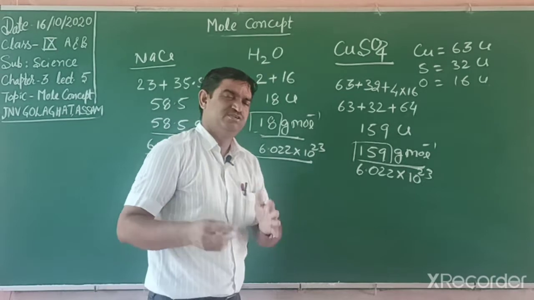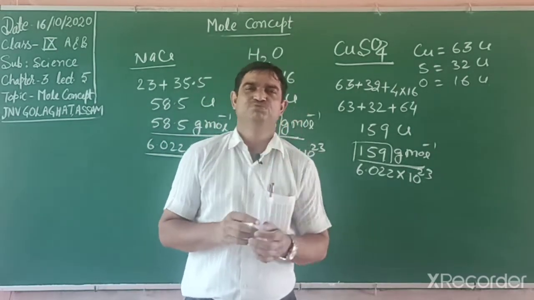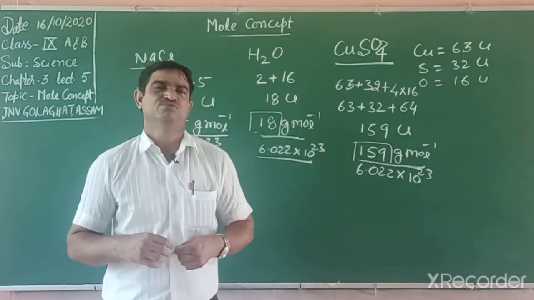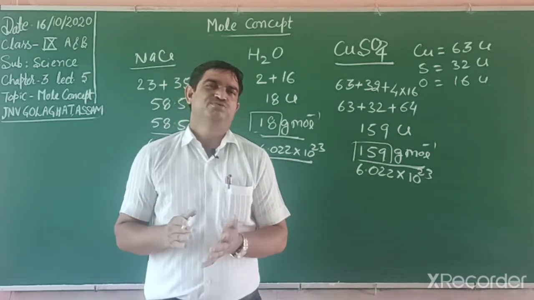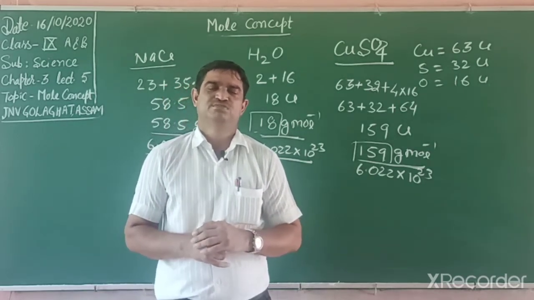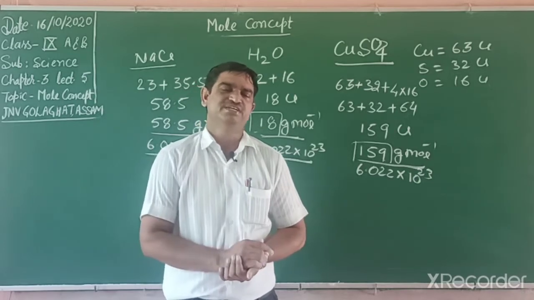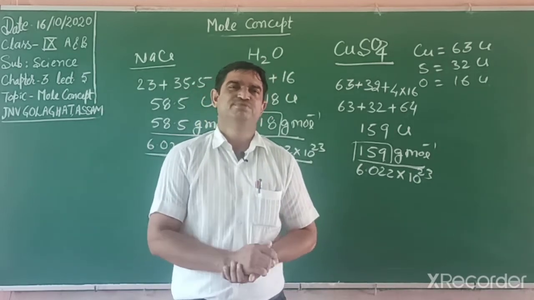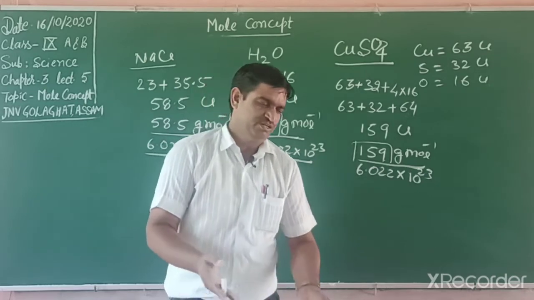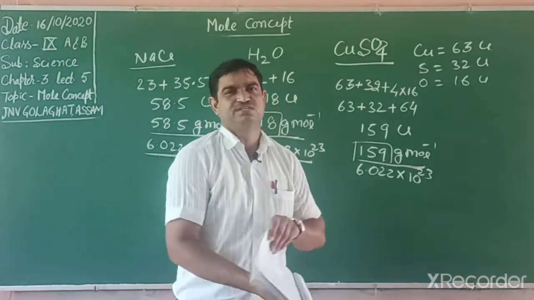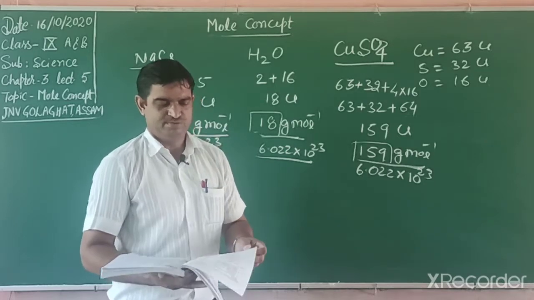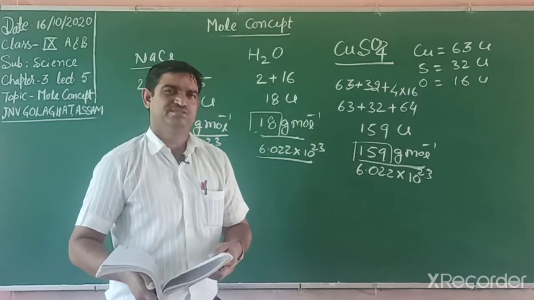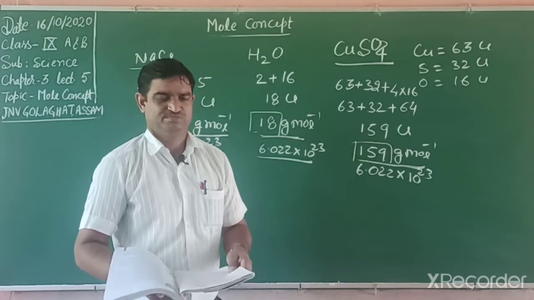Only you write molecular mass in place of U. If you convert into gram, that is known as gram molecular mass. So gram molecular mass is the molar mass. By that we can easily solve different numerical problems. Many numerical problems are given in your NCERT book you can solve. If you have any problem, then you can write in the comment box.